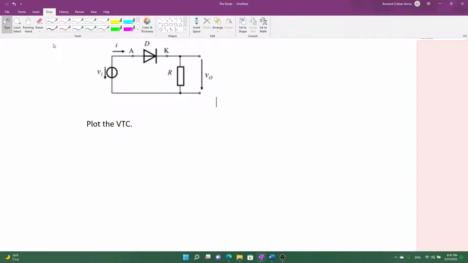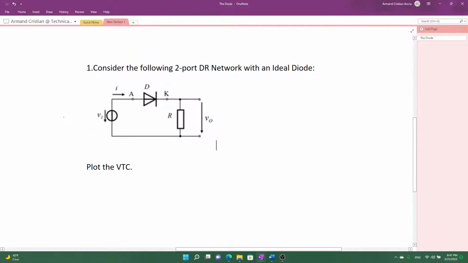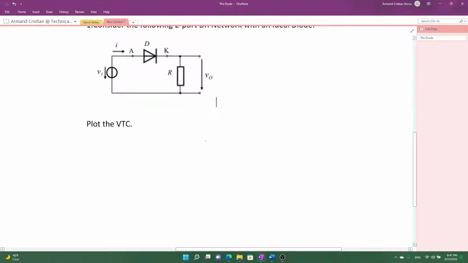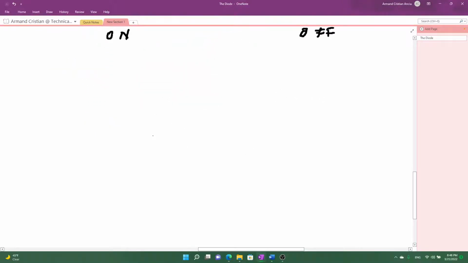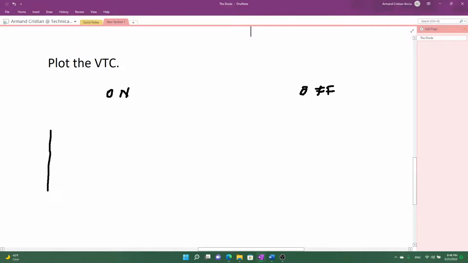How do we solve this? Well, like I said, we have to consider the on state and the off state of the diode. There's actually an entire algorithm that we have to take into consideration. First of all, we have to consider the two states of the diode, the on state and the off state. For each state, both on state and off state, we can draw an equivalent circuit.